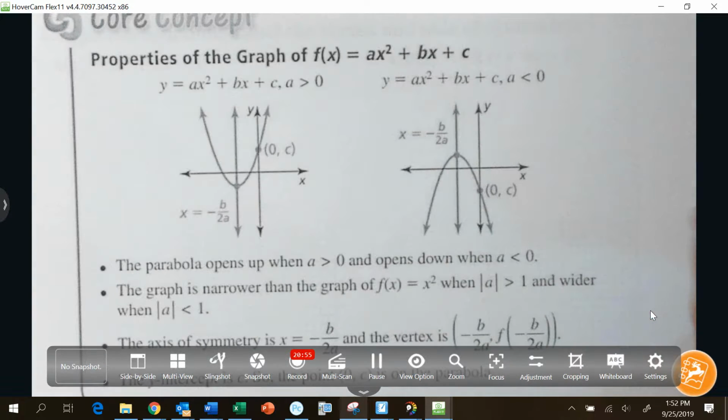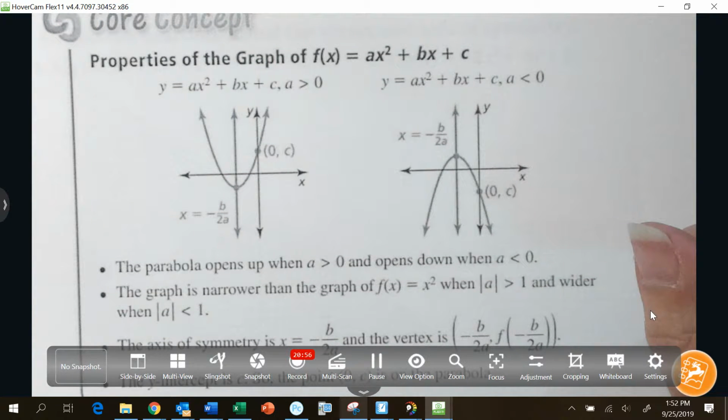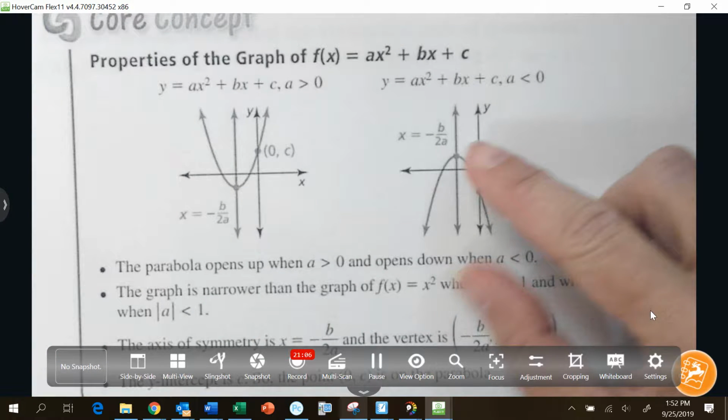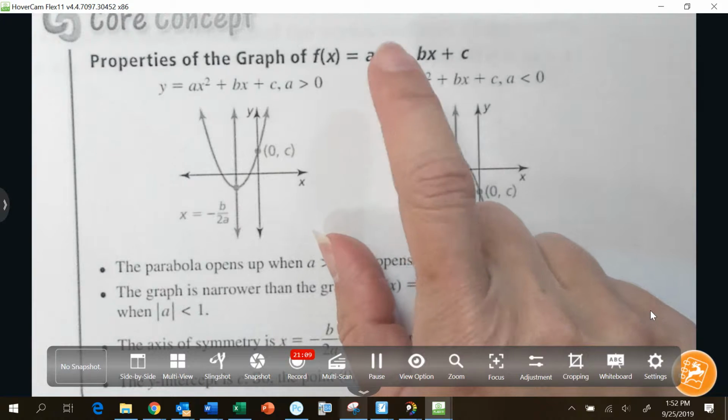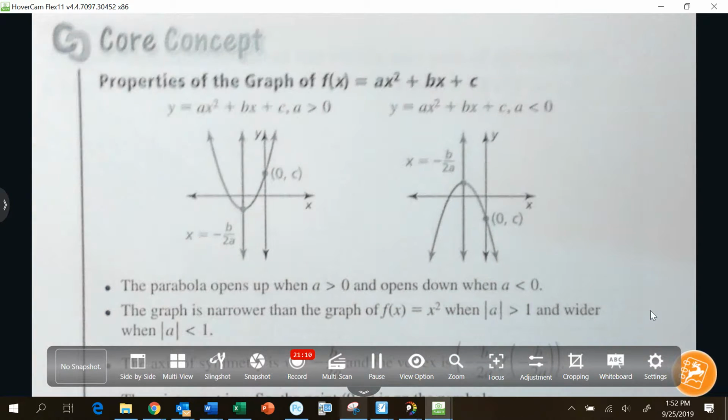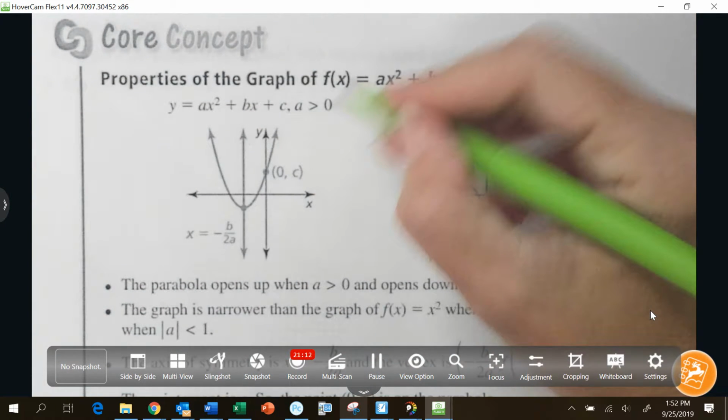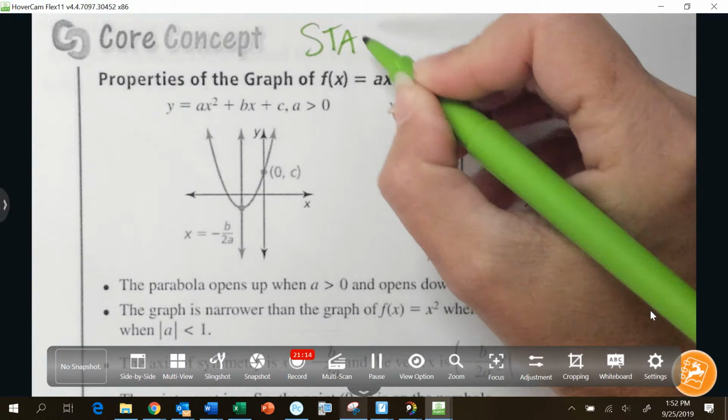So, I was just doing notes while we were on. So for these, we just make an equation. And that's on the video we did. Okay. All right, so we've got properties of the graph when it's in standard form. So let's make sure that everybody has in their notes that this is standard form.